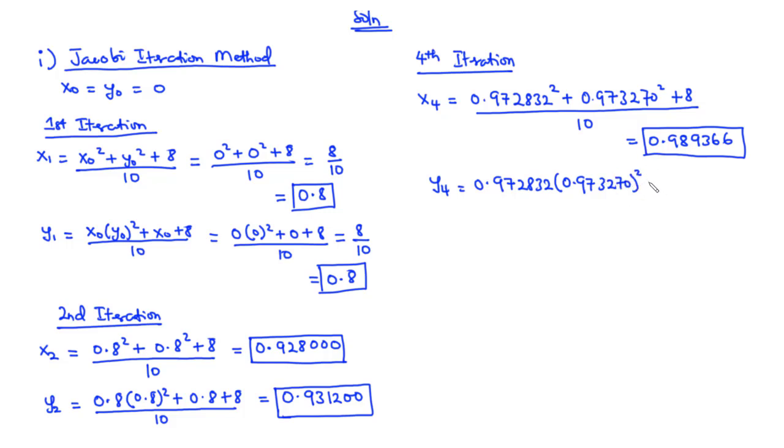So we have the square of it, plus x3, which is 0.972832, and then plus 8. We have this all divided by 10. So for y4, after computing this fraction, you have 0.989435.